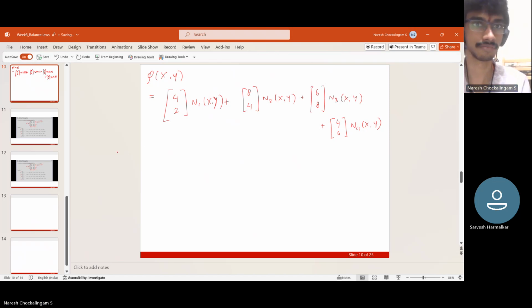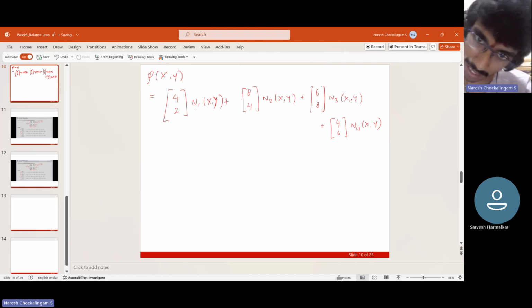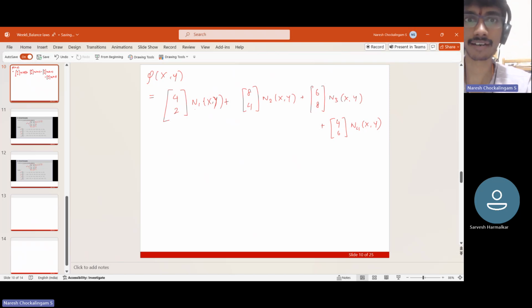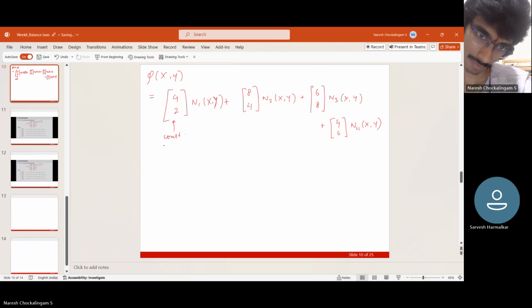Save the file. So be careful. So this is all the functional dependencies here. n1, n2, n3, n4 are scalar functions, and these are all vectors. These are constant vectors. These are scalar functions.